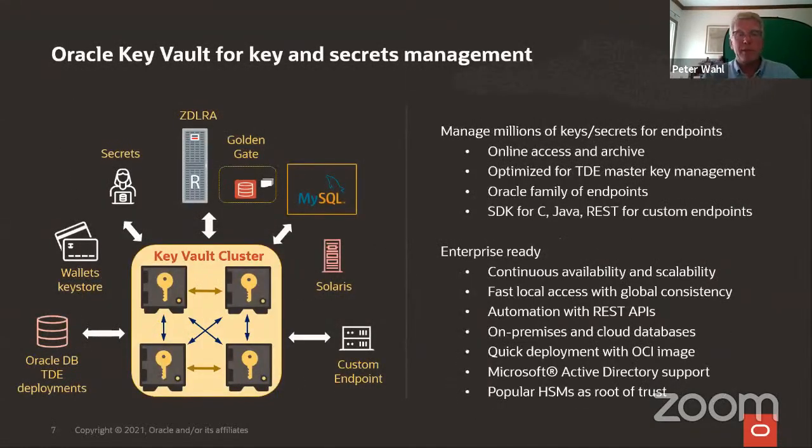So Oracle Key Vault. Oracle Key Vault can be installed in a cluster, and I will get to that in a moment. As you can see in this picture, the horizontal arrows depict synchronous replication, and the blue arrows depict asynchronous replication. So the horizontal pairs of OKV servers are read-write pairs. They are updated synchronously.